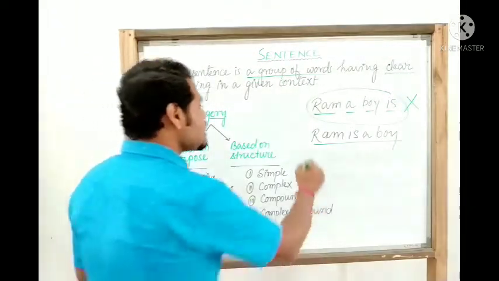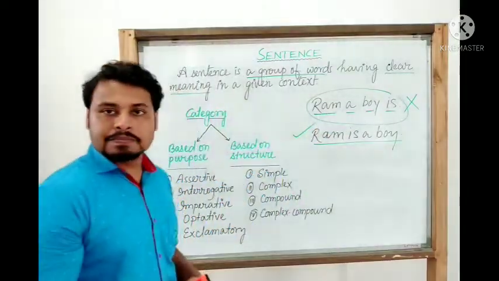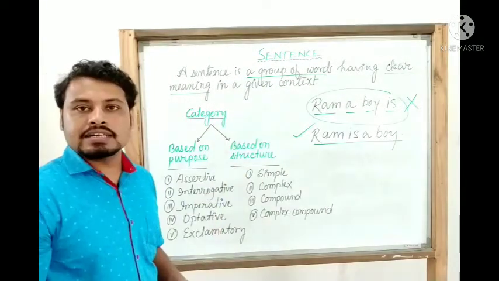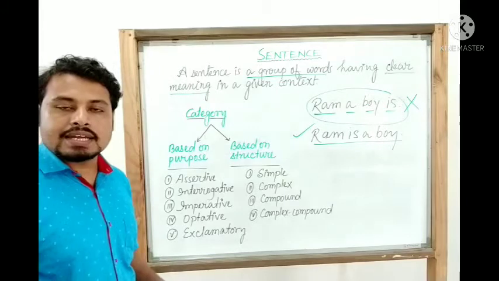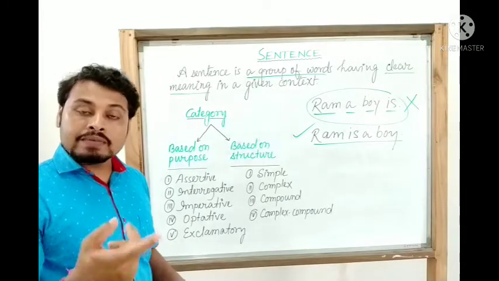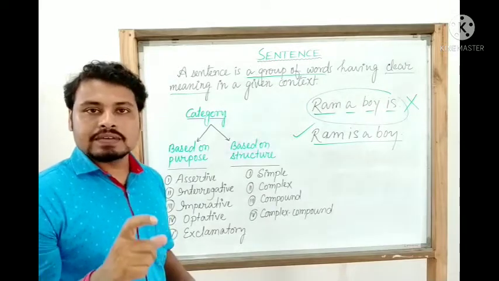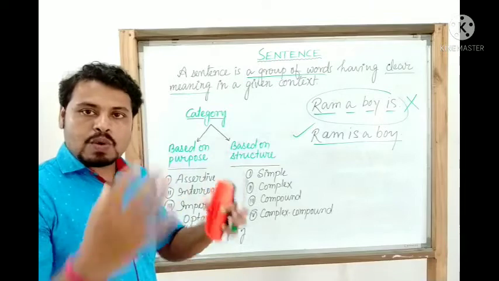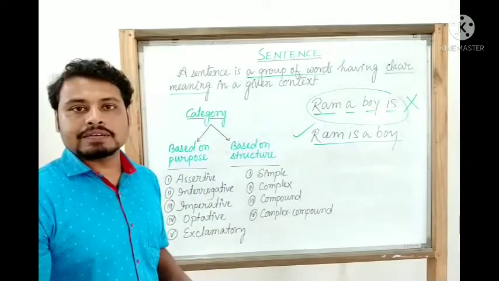But this gives us a clear sense that Ram is a boy and hence it is a sentence. So once again, a sentence is a group of words having a clear meaning in a given context. That one is most important. The group of words must have a clear meaning.